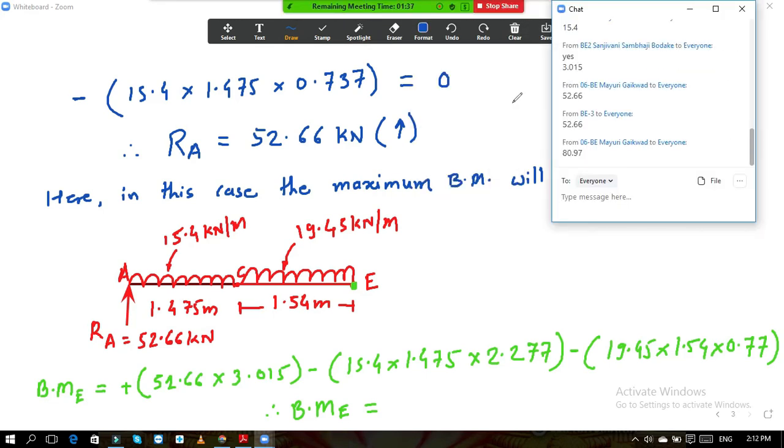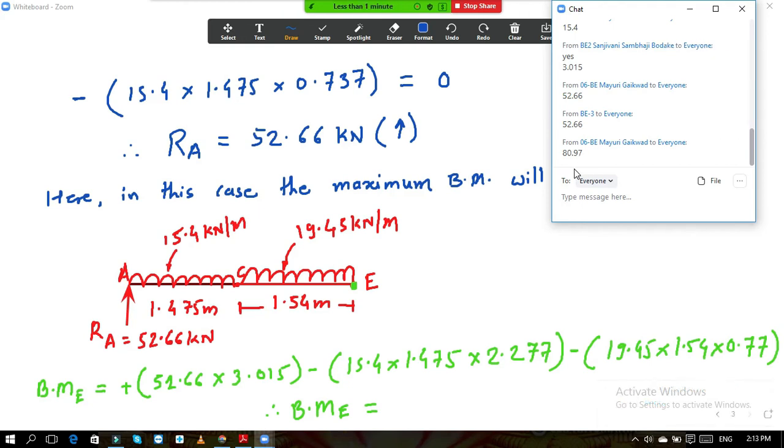80.97. Okay, someone else please check. Calculations are right or what? 80.97 is the answer. Now one more confirmation, someone else please tell the answer. 80.97 is right or what?